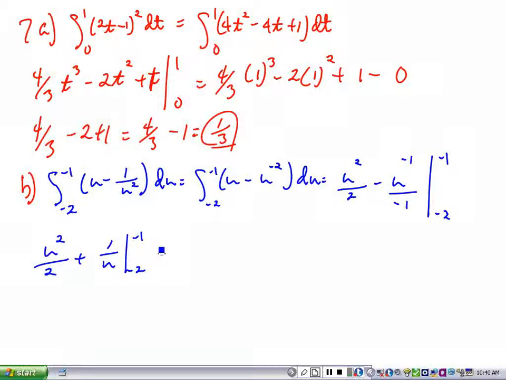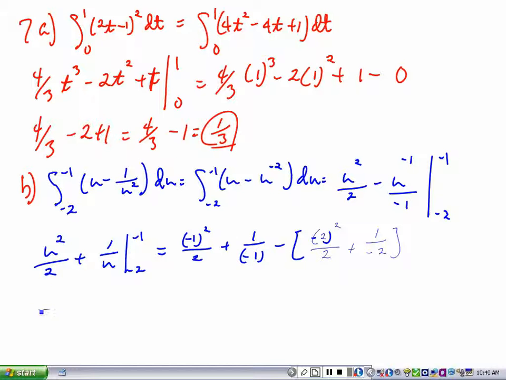So you plug in u equal to negative 1, so this becomes negative 1 squared all over 2 plus 1 over negative 1. Then minus brackets, evaluate everything at negative 2. This is negative 2 squared all over 2 plus 1 over u, well, u evaluated at negative 2 is negative 2.